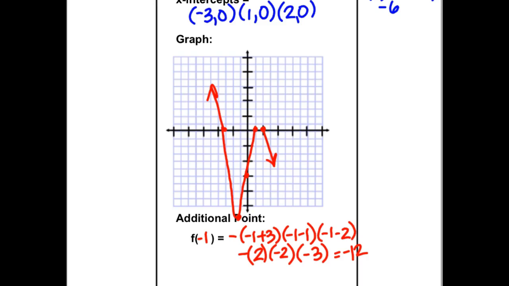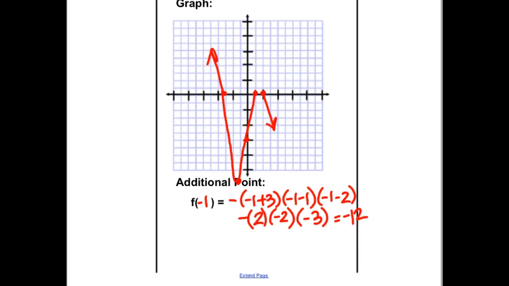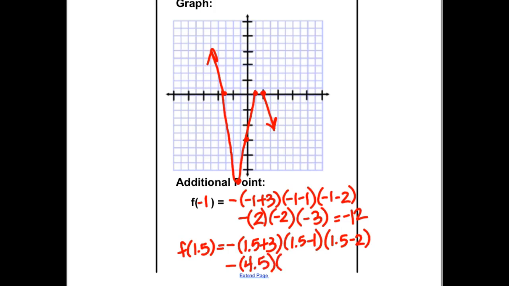Now, 1 and 2 are very close to each other, so we typically go halfway in between. If I go halfway in between and do f of 1.5, that's going to give me the negative of 1.5 plus 3 times 1.5 minus 1 times 1.5 minus 2, which is the negative of 4.5 times 0.5 times negative 0.5, which comes out to 1.125.